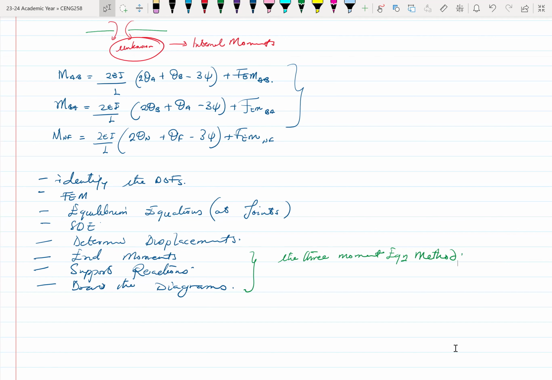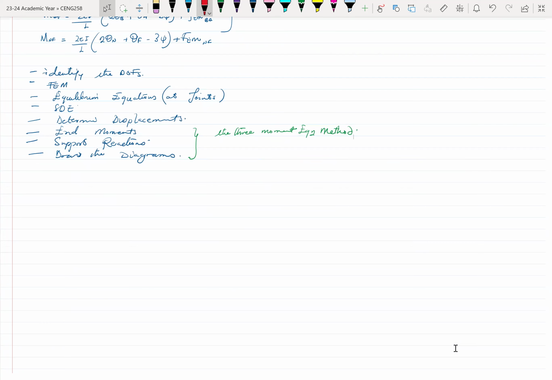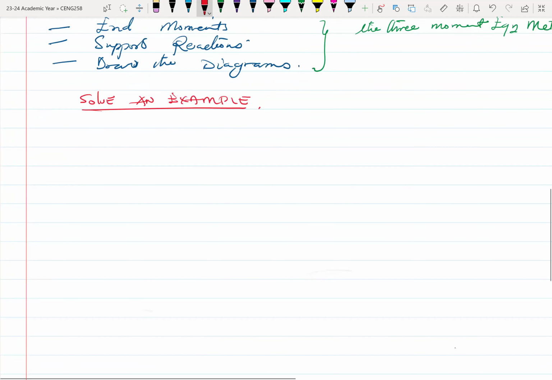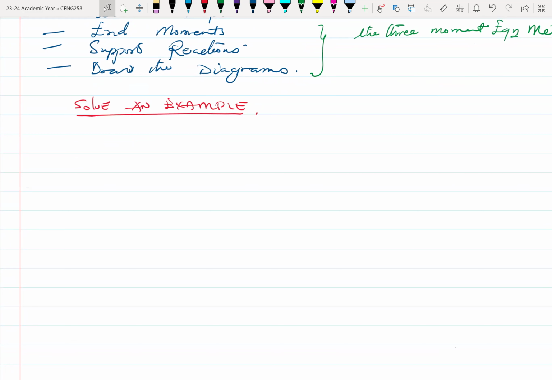Okay, so let's solve an example. Let's say we have this particular structure.